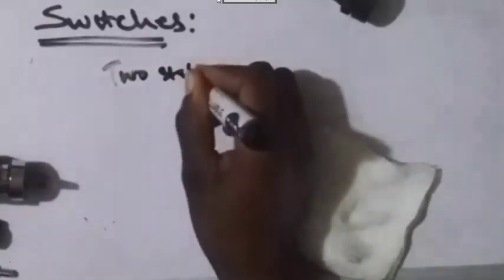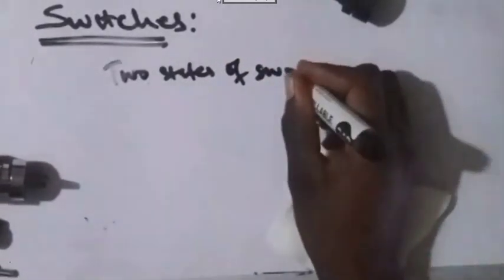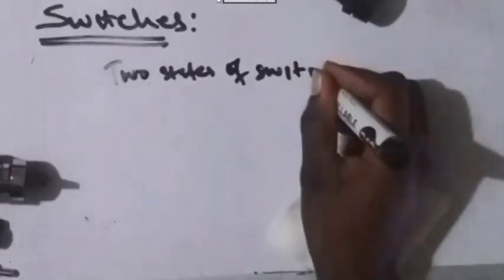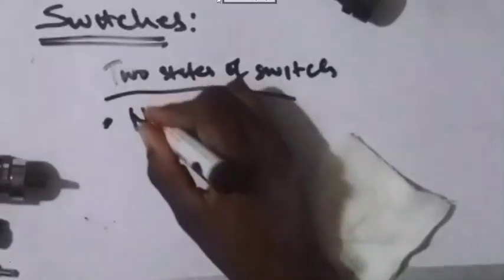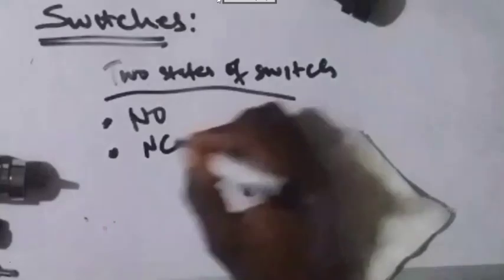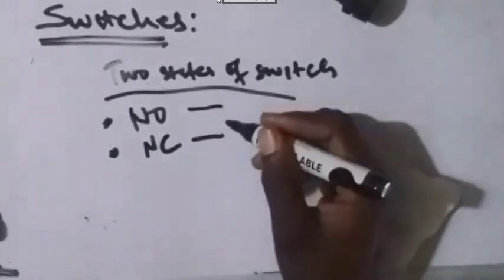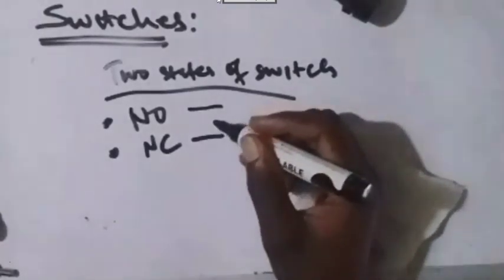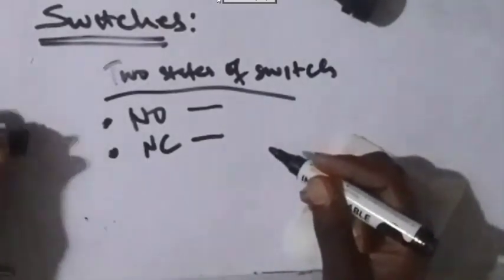So there are 2 states of switch. Number 1 is normally open. Number 2 is normally closed. Normally open, normally closed. NO and what? NC.